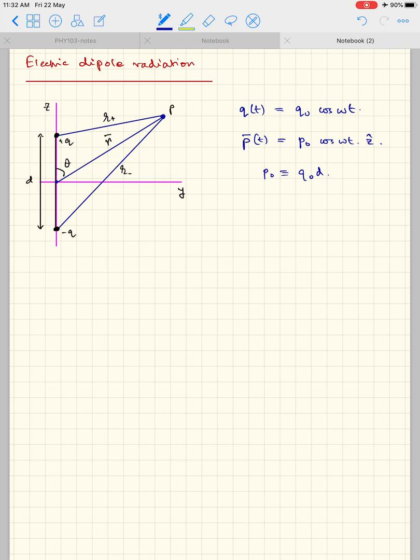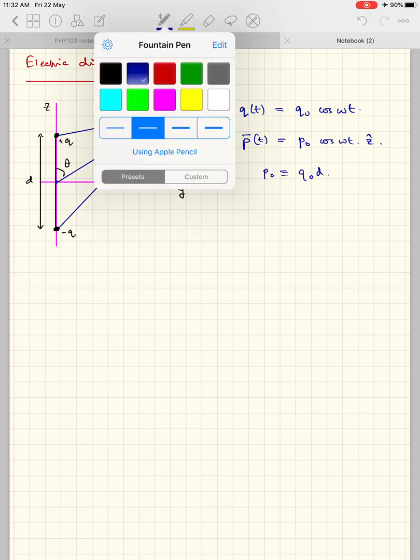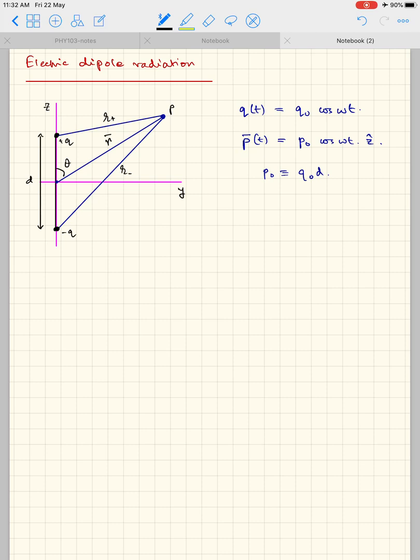Now, as you can well understand, we have the retarded potential. So let's write this here.